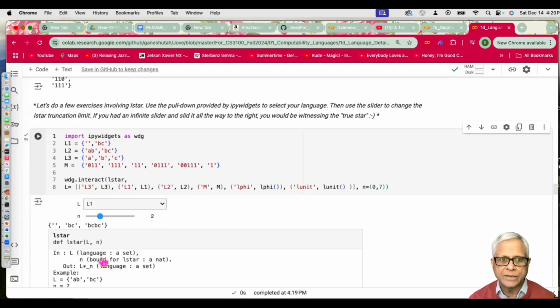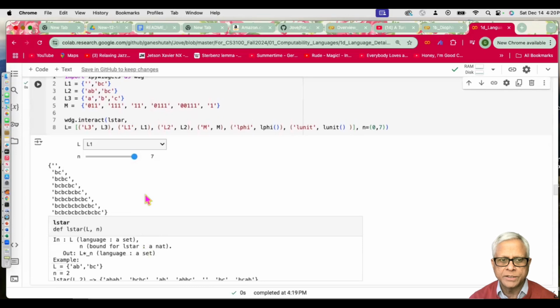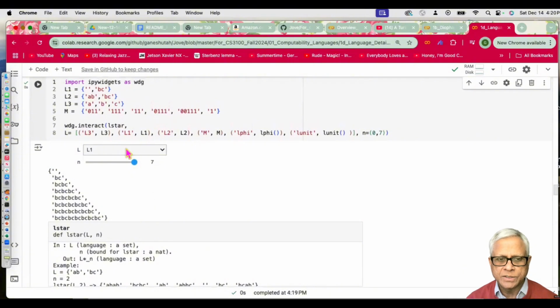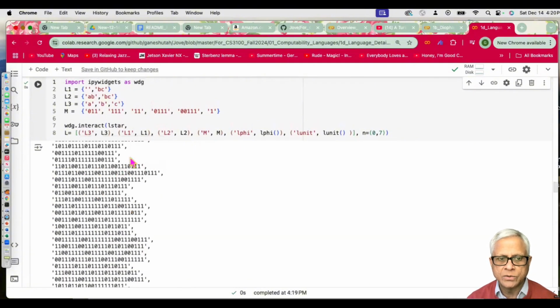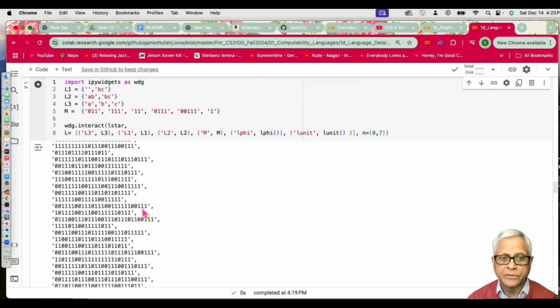Those are the strings in the language. Now the 0th star application is always the set containing the empty string, which is the unit language, because star has not been applied sufficiently. As soon as you apply star to size 1, it gives you the original language.